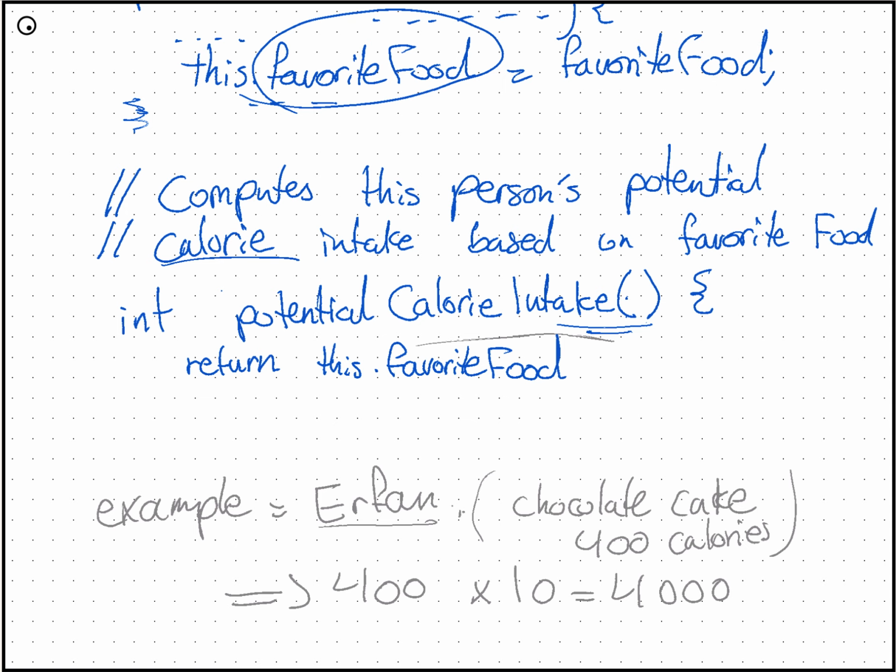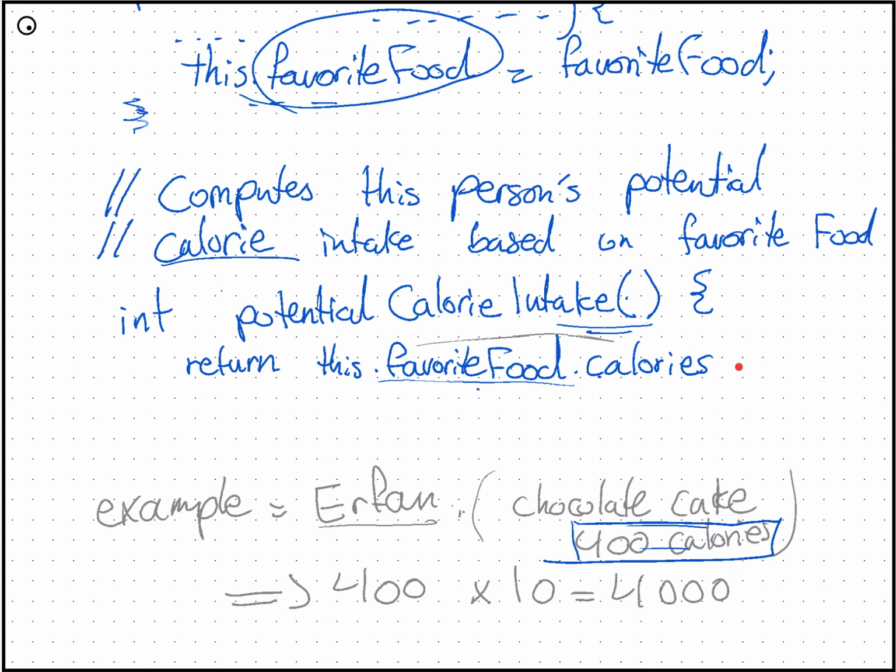So it'll have to be this dot favorite food because this is the favorite food that you have, so chocolate cake. But to get the number of it, the favorite food has calories. So we do another dot and we do calories. So this is accessing a field of a field, essentially.